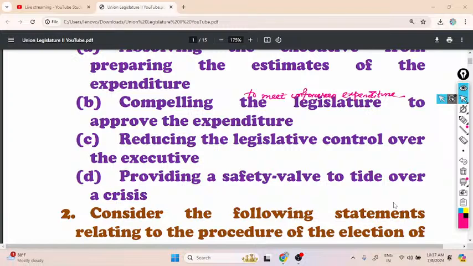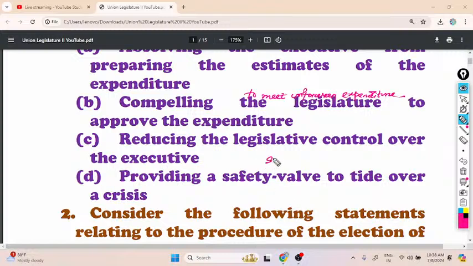Providing a safety valve. The Contingency Fund of India acts as a safety valve. It means that whenever there is a shortage of money, the executive will withdraw the money from the Contingency Fund of India to meet the expenditure, and then it will introduce a proposal for a grant for the same amount which it has drawn. Then the corpus in the Contingency Fund will be maintained.